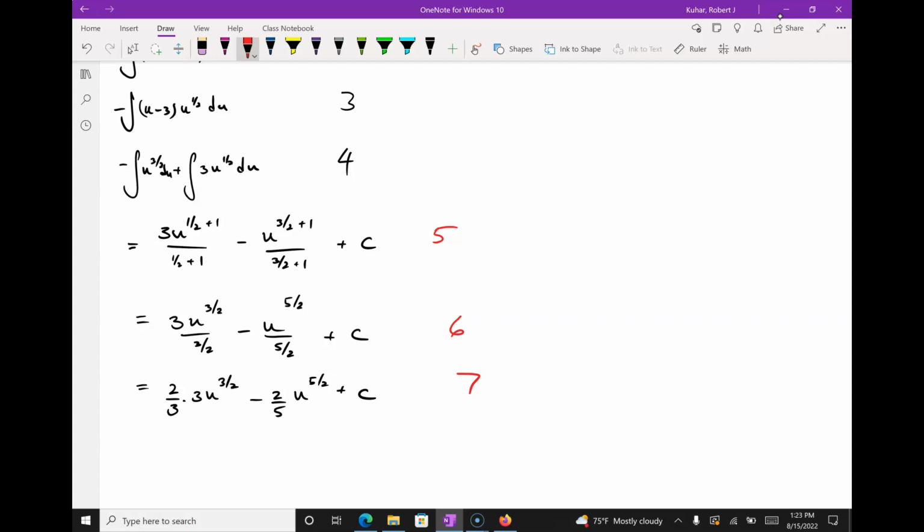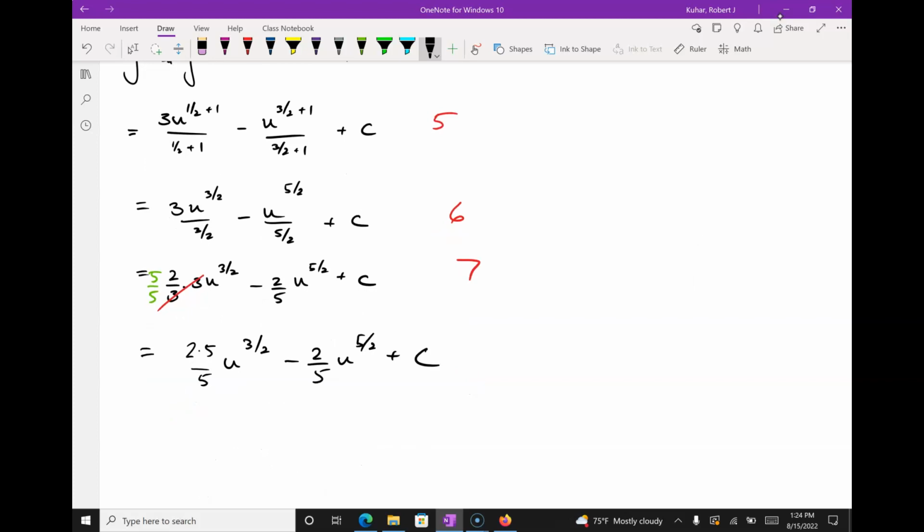I can simplify a little bit, and I can see I need an LCD of a 5. And I'm trying to just have a nice clean rewrite here of 2 times 5 over 5 u to the 3/2 minus 2 over 5 u to the 5/2. And then I can see I could factor out the 2 over 5 and a u to the 3/2.